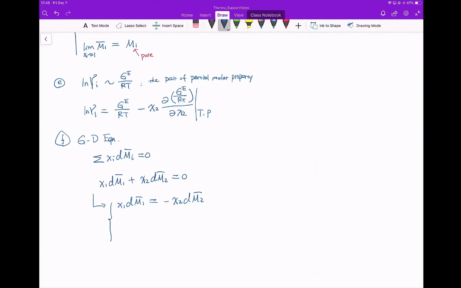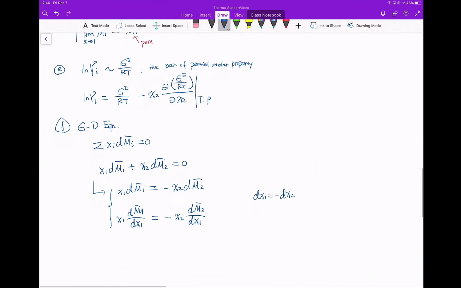The second is we try to use this dx1 is negative dx2. So if we divide on both sides by dx2, then I would have x1 dm1 partial dx1 will be negative x2 dm2 partial dx1.